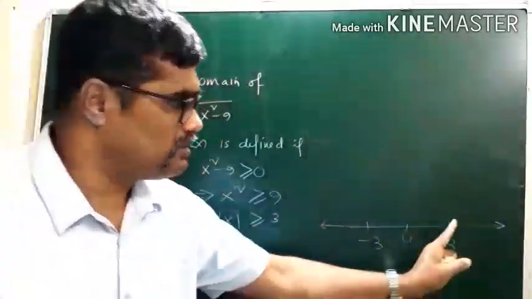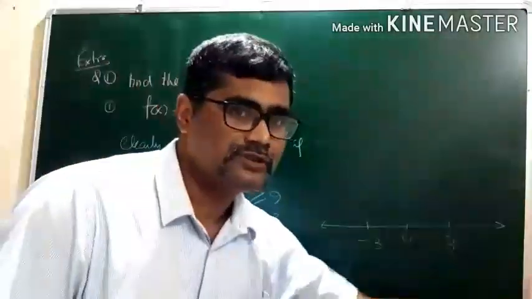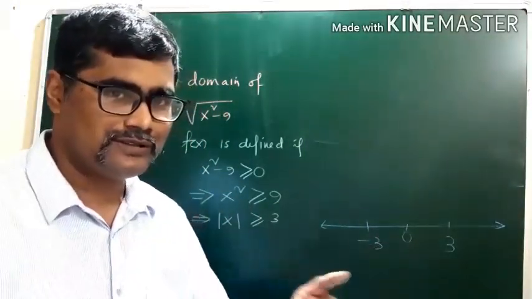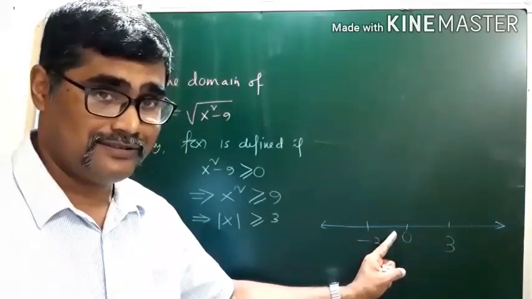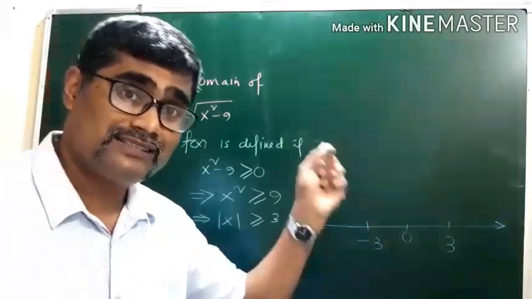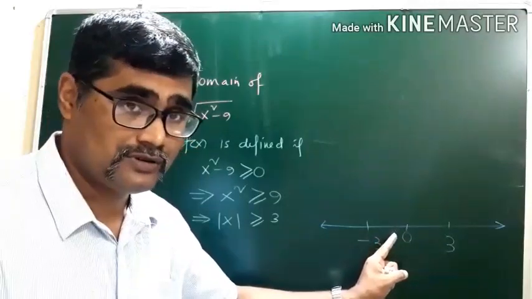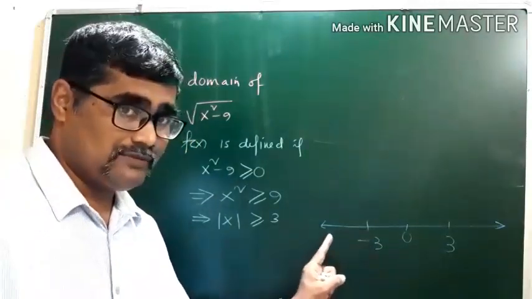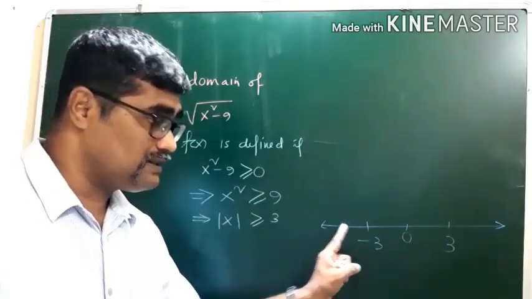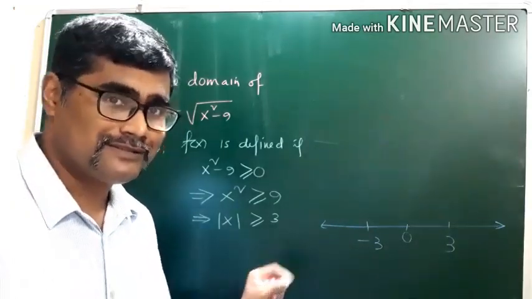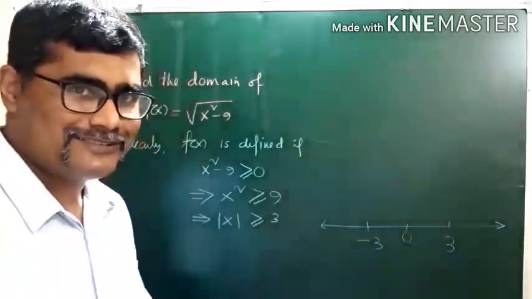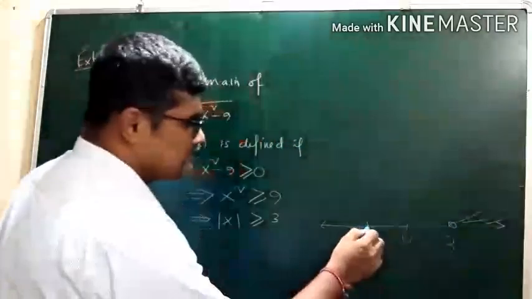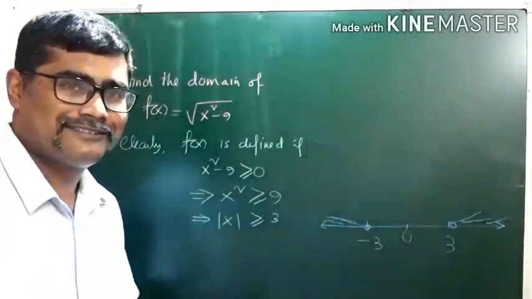No. That means the number should start from 3 and then you move towards the right. On the left side, minus 1, minus 2, minus 0.5 are numerically less than 3, but minus 4, minus 5 have bigger values. So your required numbers will be lying on this side and this side.